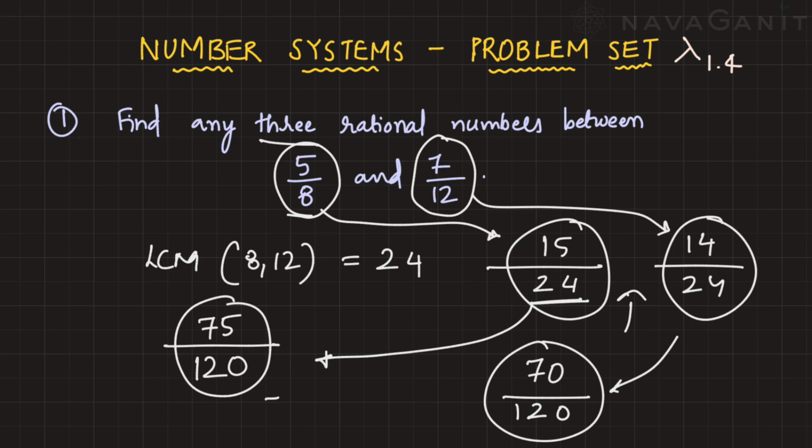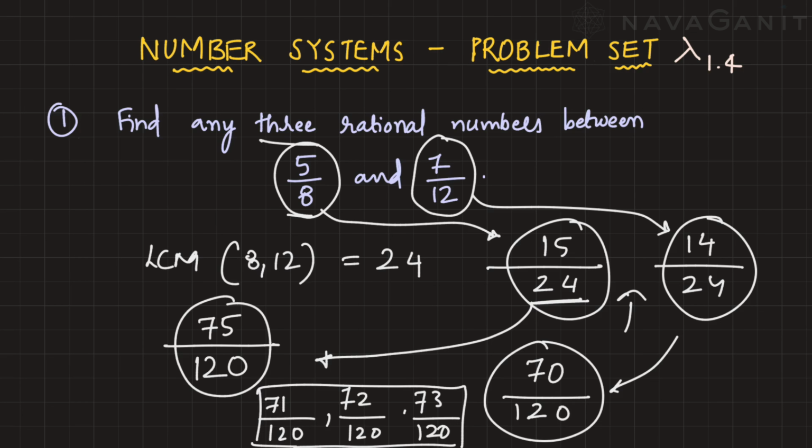Say 71 by 120, 72 by 120, 73 by 120. So this would be my answer. So first you can take the LCM, and then you can find a multiple of the LCM in the denominator which is large enough to let us find more rational numbers between the two given rational numbers.